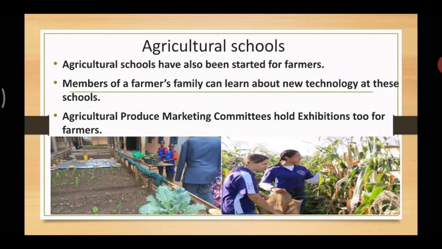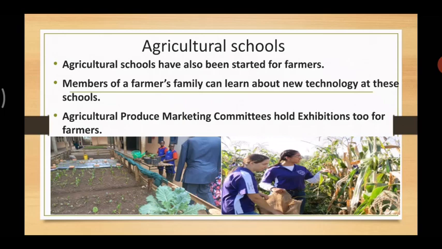Let's move forward. Now, there are agricultural schools also. Agricultural schools have been started for farmers. Members of a farmer's family, that means the farmer's children, can go to these schools and learn about new technology.